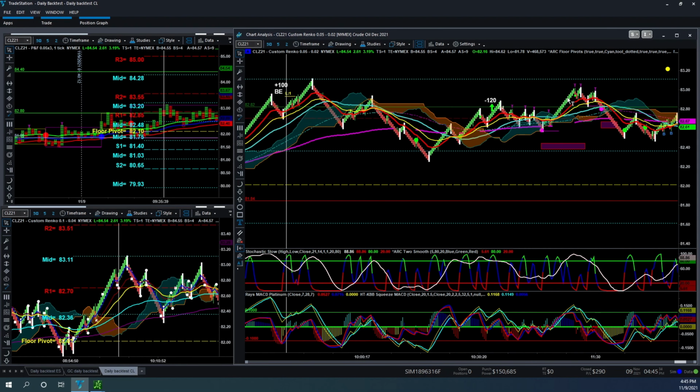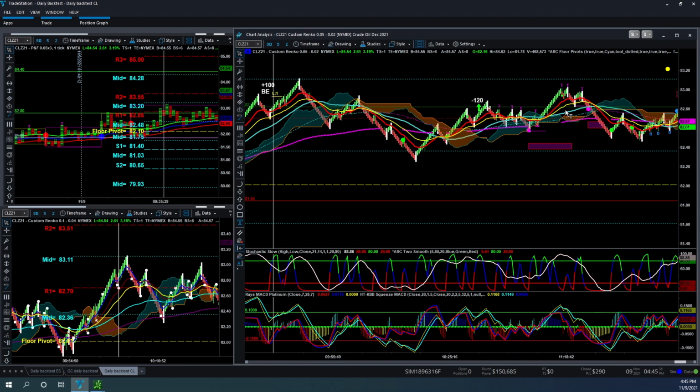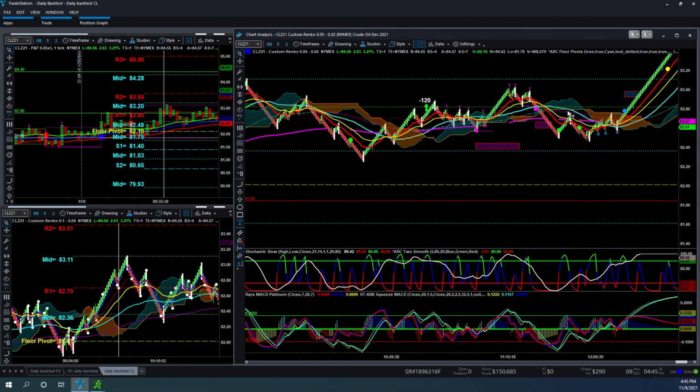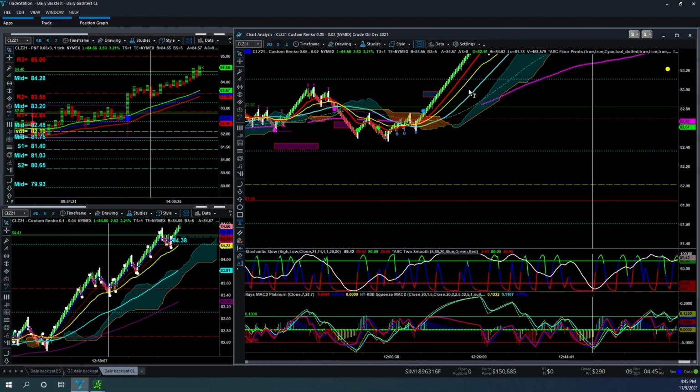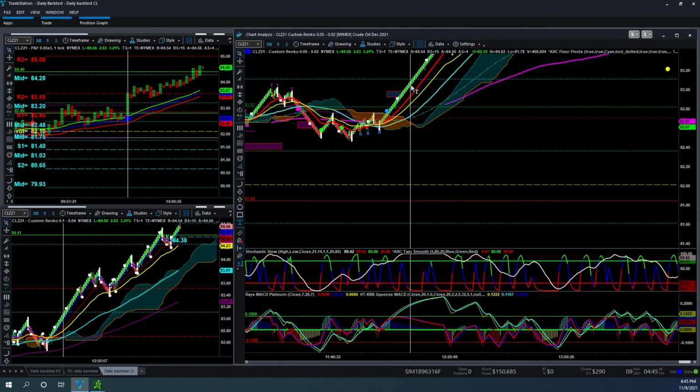So the three markets were very rangy until this area here, where crude really took off, right there.